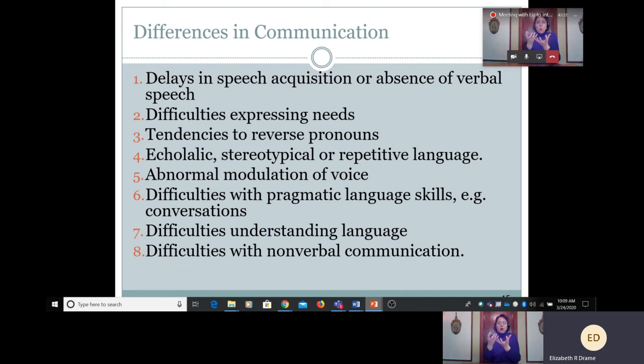They might have difficulty understanding the pragmatics of language, so understanding social rules, how to behave within conversations, how to read the nonverbal and how nonverbal language layers with verbal language. They may have a lot of language, but then use it in a very echolalic, repetitive way.